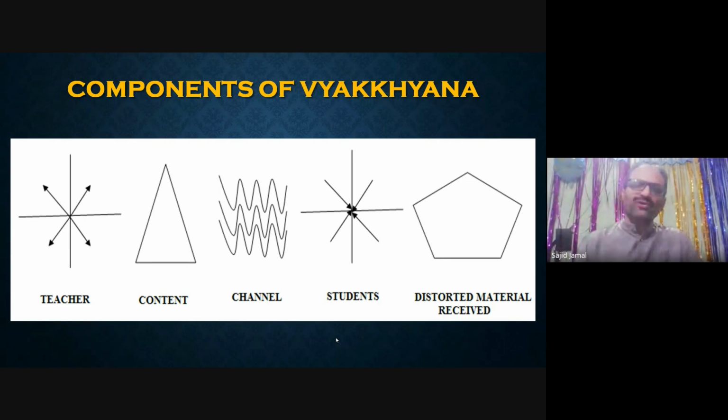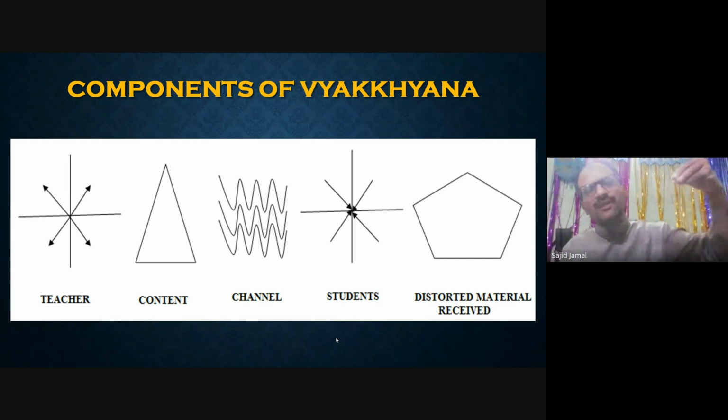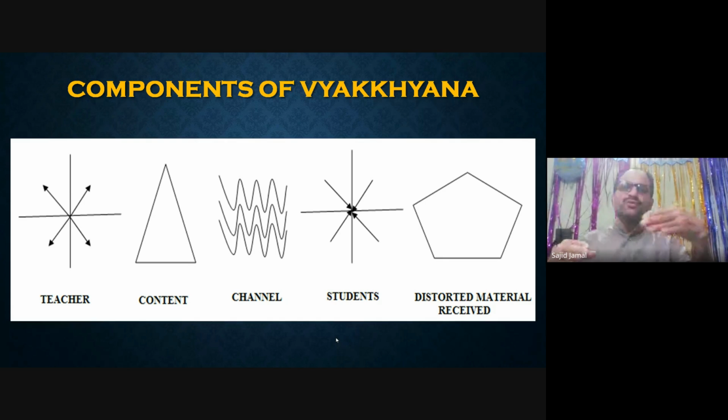Very good. The knowledge is flowing out from the teachers. That's why in the first component the arrows are outside, whereas all the knowledge and information is culminating in the students. That's why the arrows are inside.